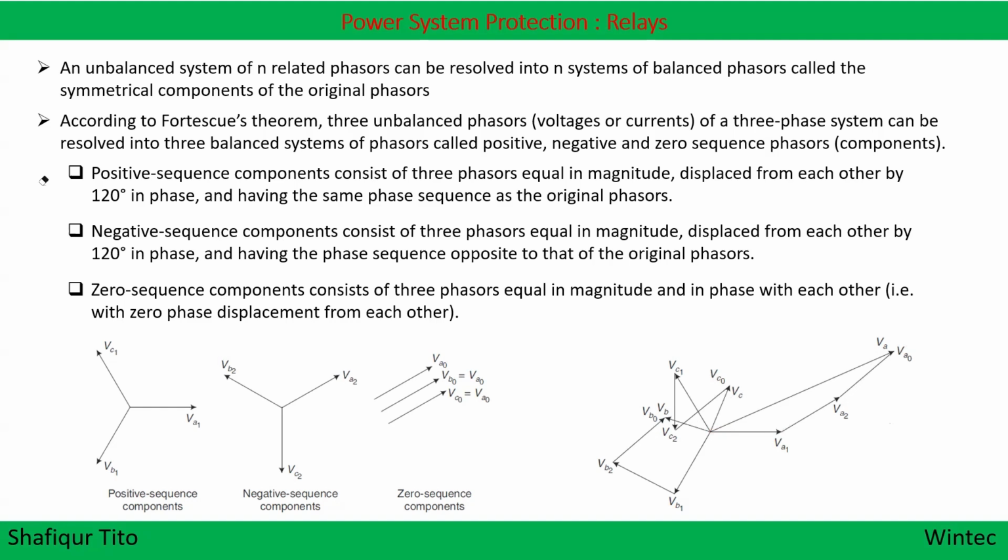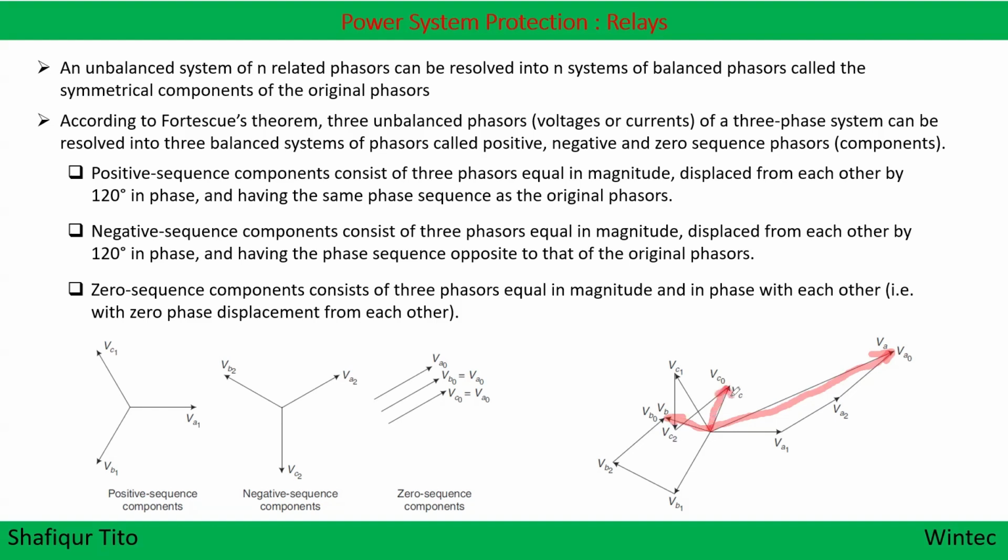My system balance has been disrupted. This becomes one of the phasors, VA, and my VB becomes this one, and my VC is becoming this one.